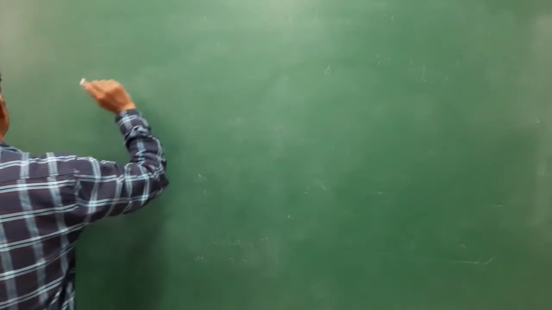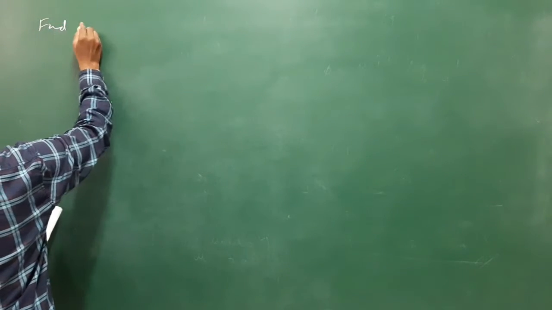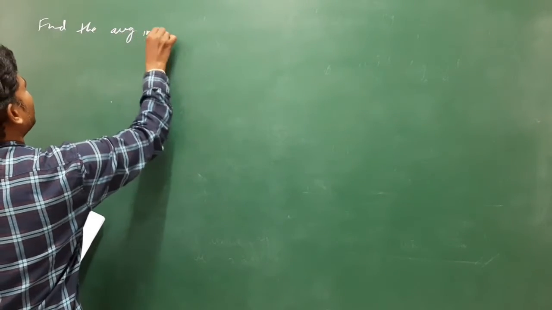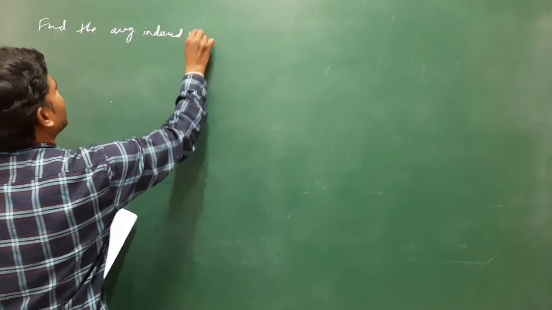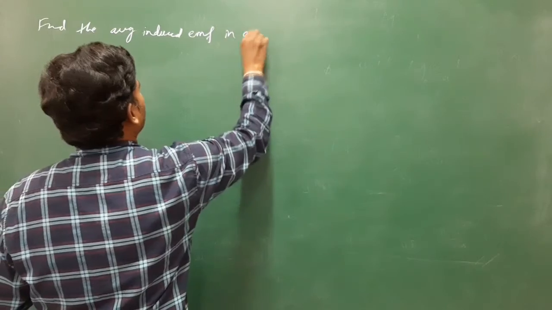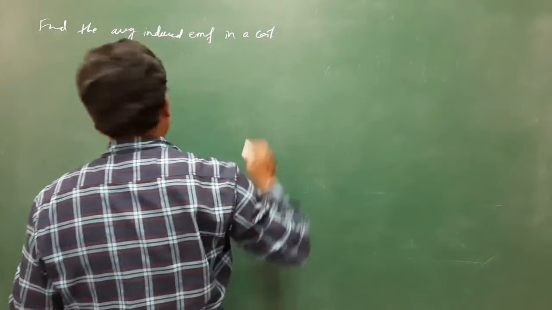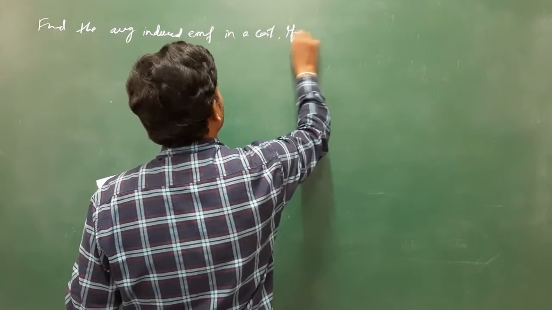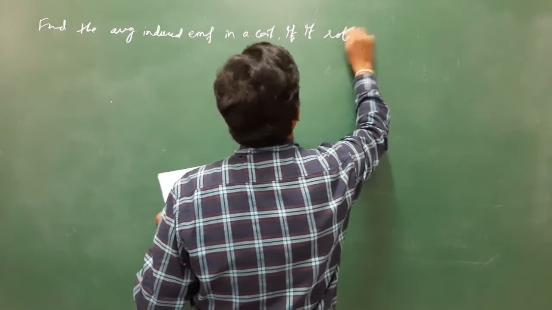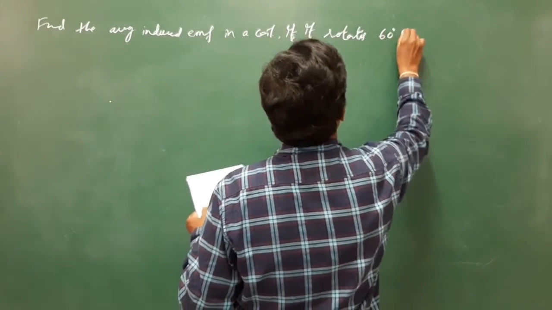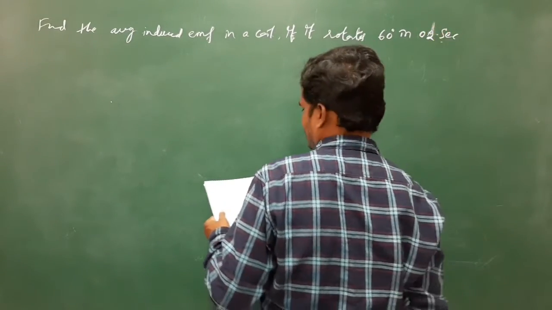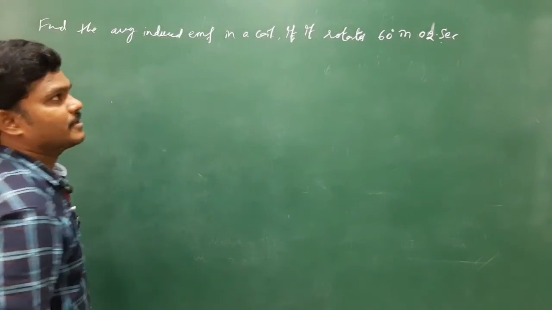Find the average induced EMF in a coil if it rotates 60 degrees in just 0.2 seconds, as shown in the figure.